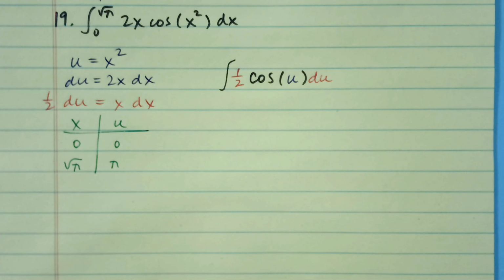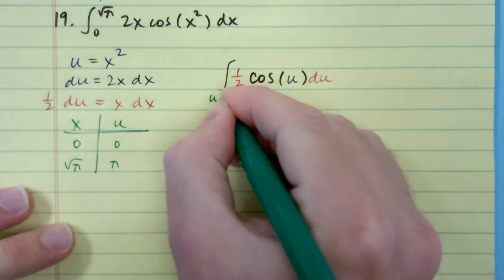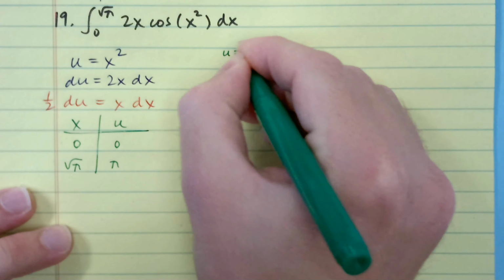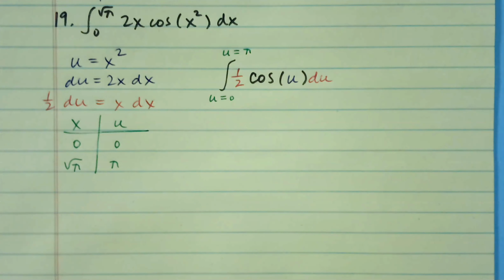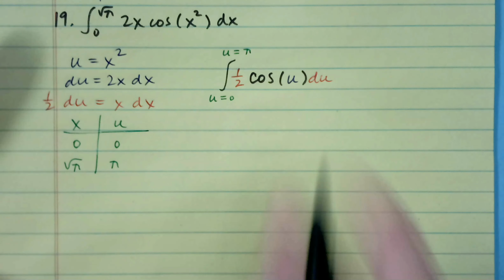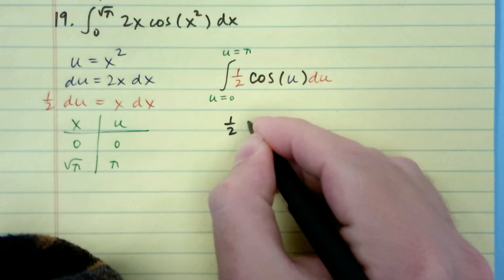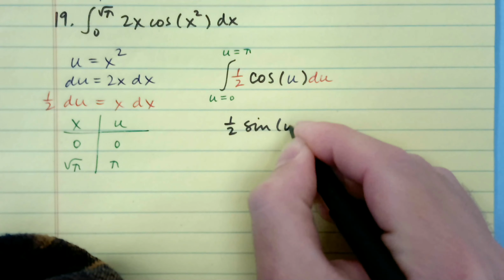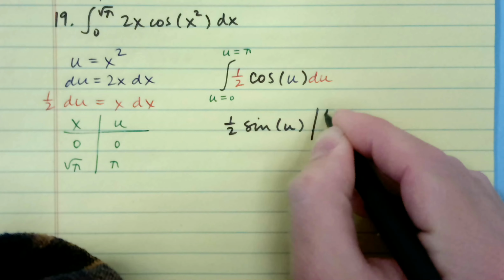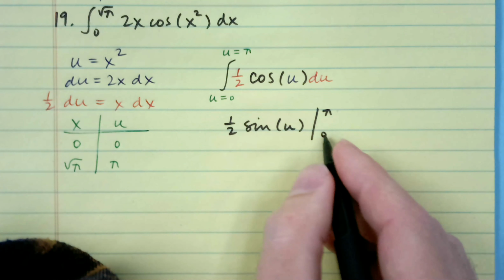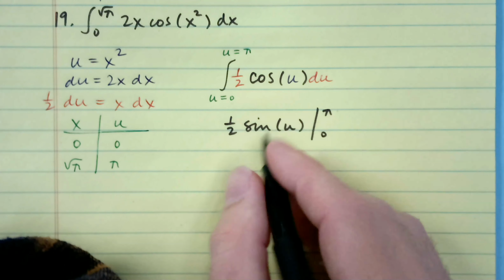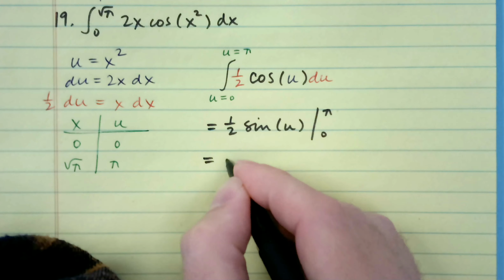We're going to integrate this as u runs from 0 up to pi. And if I do it like this, I don't ever need to go back to x's. Okay, so an antiderivative for cosine is sine. Sine of pi is 0. Sine of 0 is 0. So this is going to be 0 minus 0, which is 0.